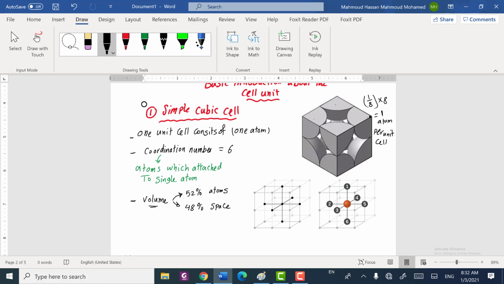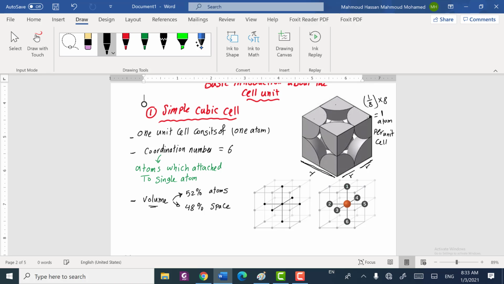Okay, let's calculate it. Each side of the cube, this position or this area represents R, and also this represents R. To calculate the total of the 2 R's, it's called the edge length.